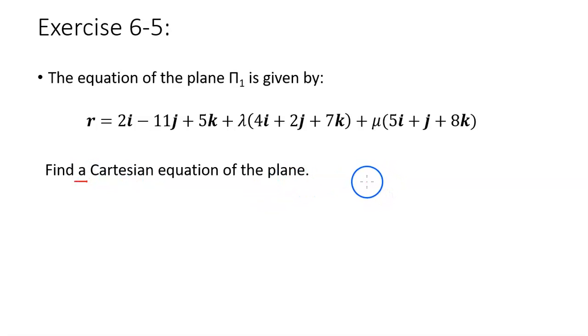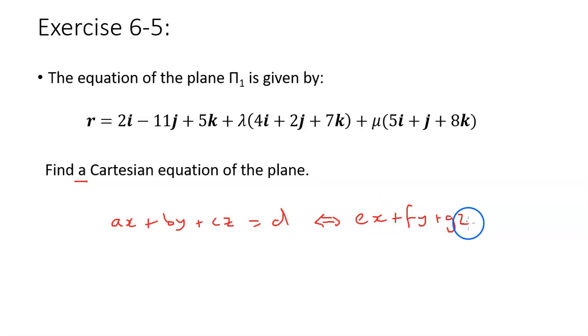They're all the same. It's just that you could multiply both sides by a constant. So if you have ax plus by plus cz equals d, and it's the same plane as ex plus fy plus gz equals h, then this implies that a is equal to ke and b is equal to kf, etc. Well, d is equal to k times h.